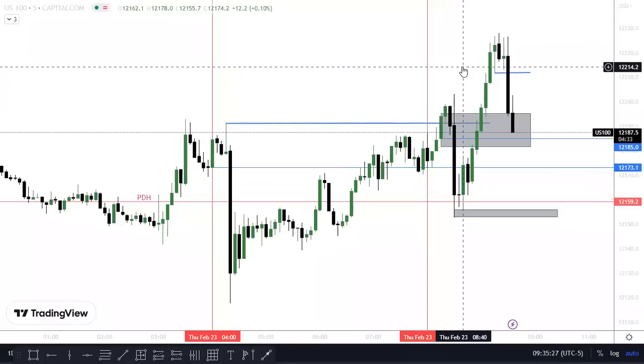All right, we're back inside the order block now. I'd love to see them reclaim the order block. As I mentioned earlier, still the first M1.